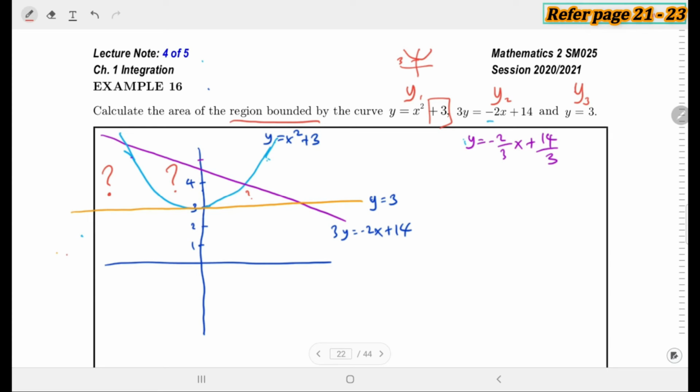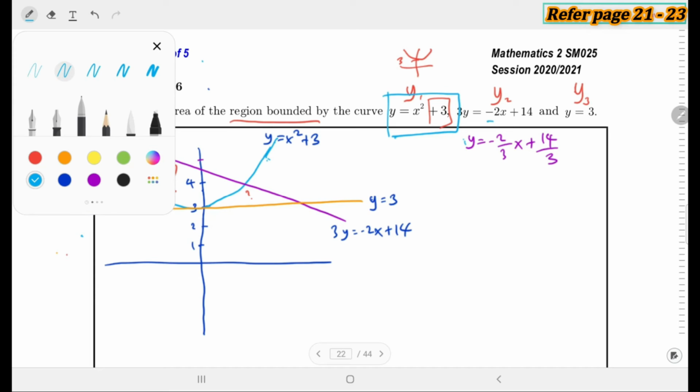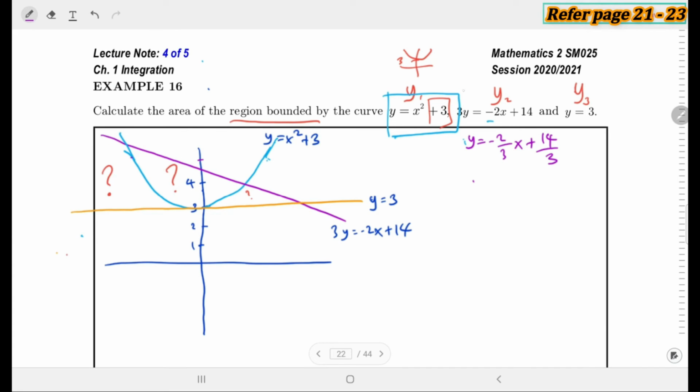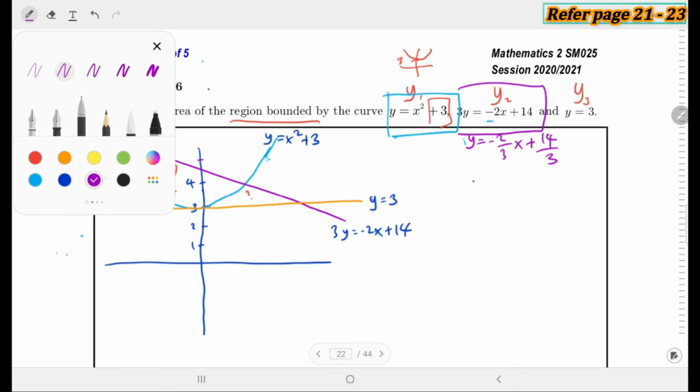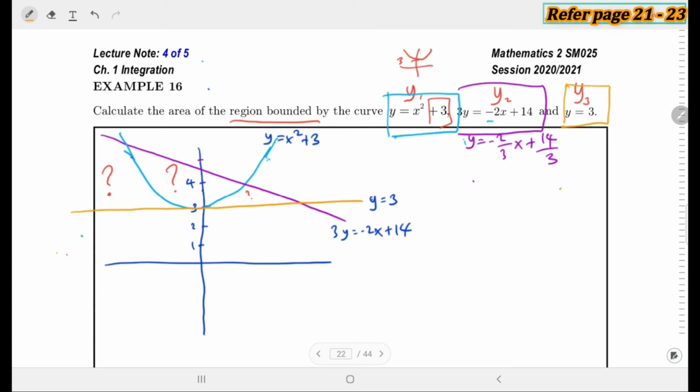So it must be bounded by the blue color, which represents this function, and also by the purple color, and also by the orange color, by these 3 colors. If you think the region is here, you see on the left side it is open to the left. So this one is not bounded by any curve because it is open to the left. How about here? Now it is bounded by the purple line, bounded by the blue color, but it is not bounded by the orange color.